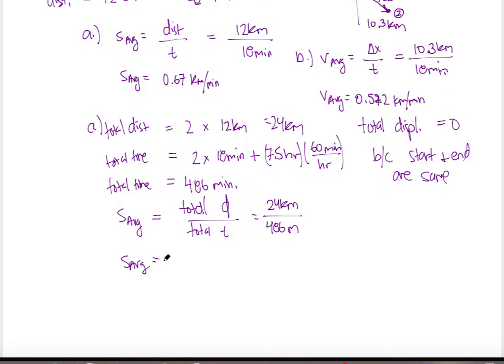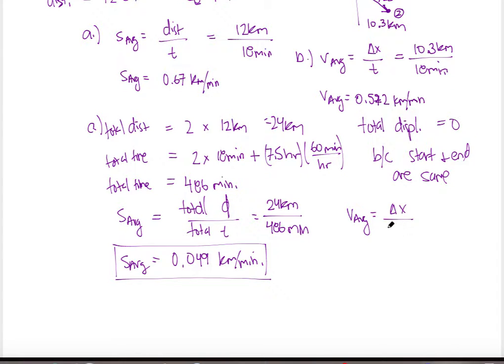So plugging this into a calculator, we get 0.049 kilometers per minute as our average speed. And then our average velocity, which is delta x over total time, is actually going to be 0 over our 486. So our average velocity ends up being 0 in this case. And the units doesn't matter because 0 in any units is 0.